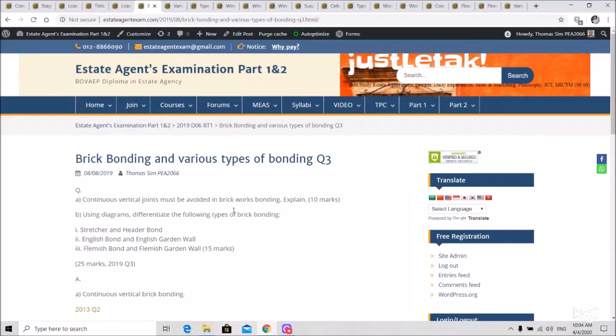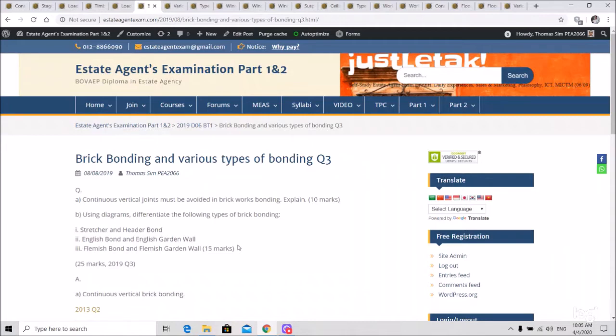So this brick bonding thing, because all the time we were talking in question number 2 about concrete, and then question number 2 part A about the types of frame building or load bearing building. At the time of today's building technology, we always choose to use frame building, frame construction.